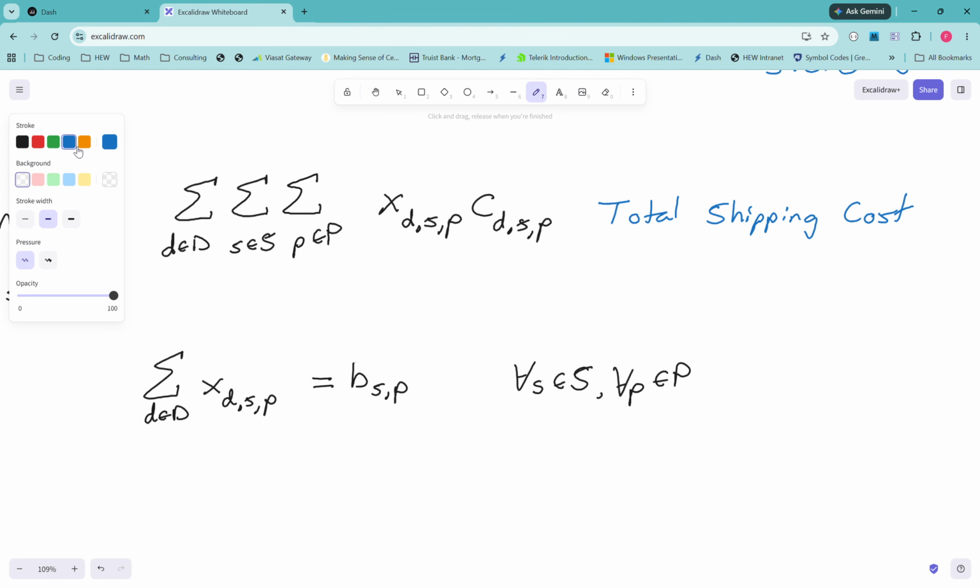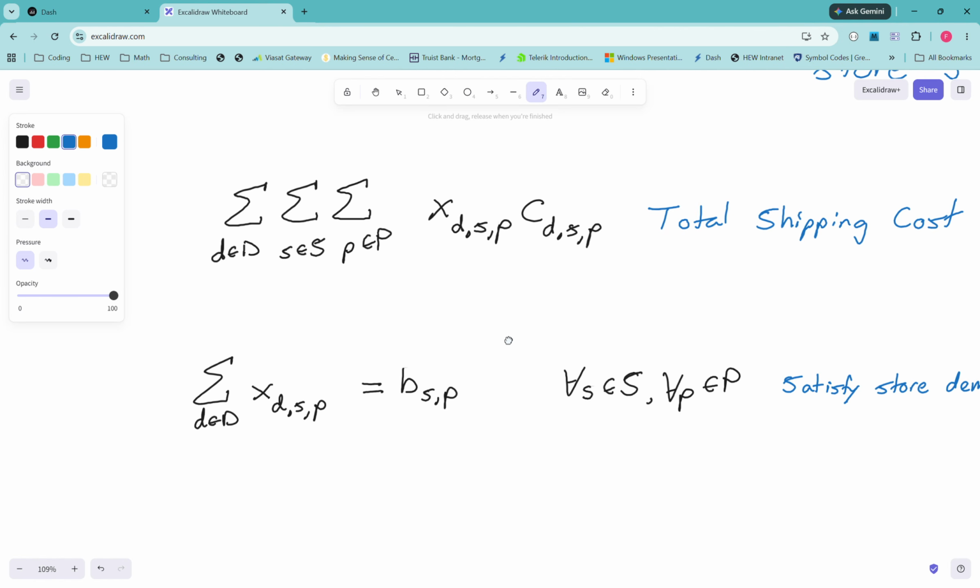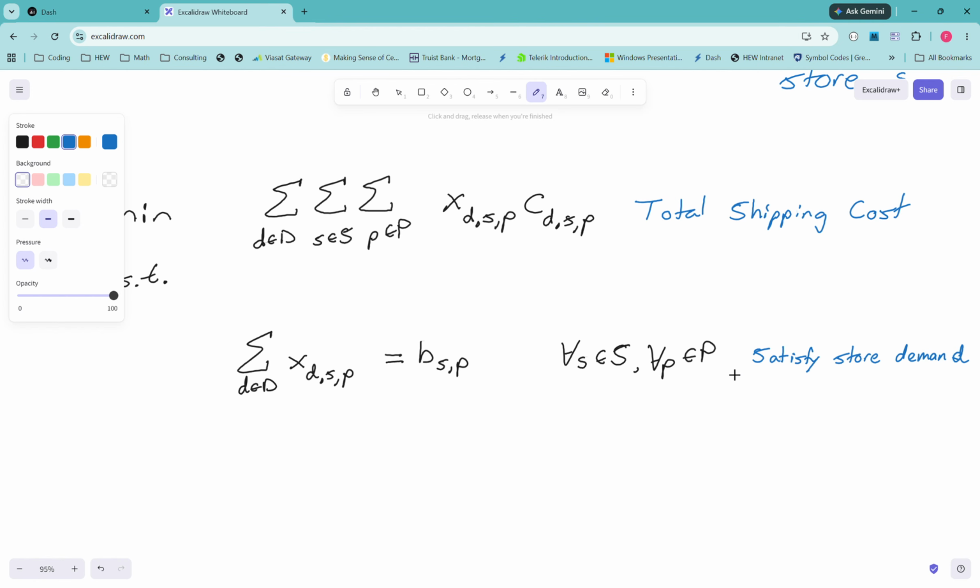So this constraint is a description of satisfying store demand. It's important to also note here, although I wrote that as a single line, this is actually going to be many different constraints, right? Because I have to write a constraint for every store and for every product.